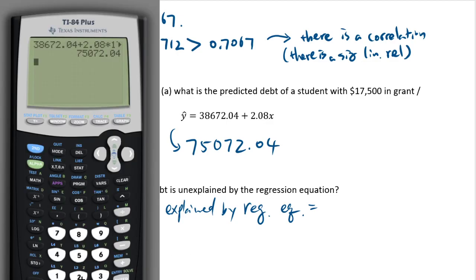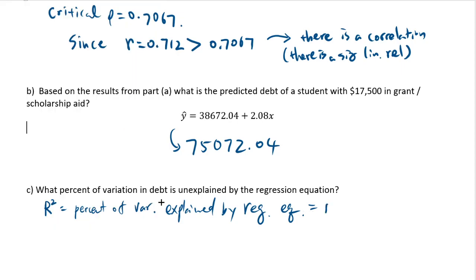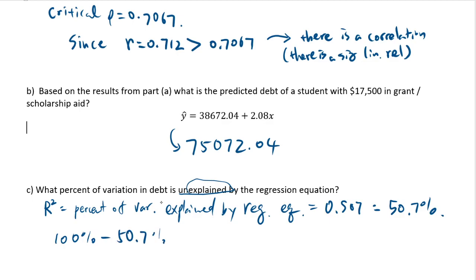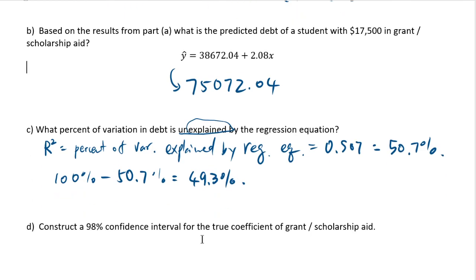So let's take 0.712 and square that, enter, and we get 0.507, which is 50.7%. But if you look at the question, it says what percent of variation in debt is unexplained. So that means you have to subtract 50.7% from 100%, and that gives you 49.3%. So the answer is that this much is unexplained by the regression equation.